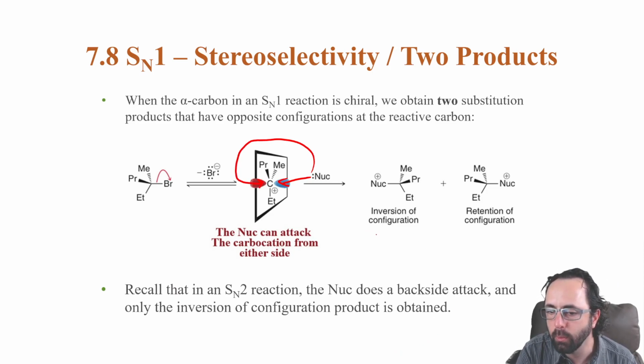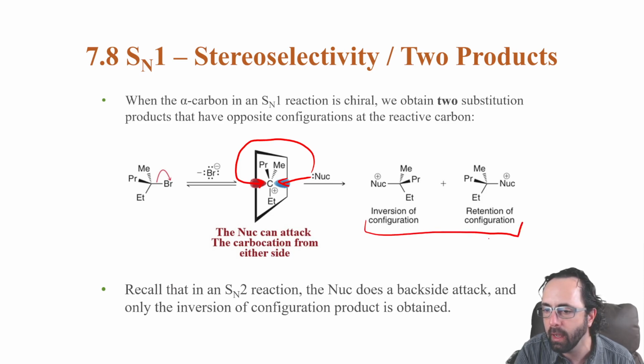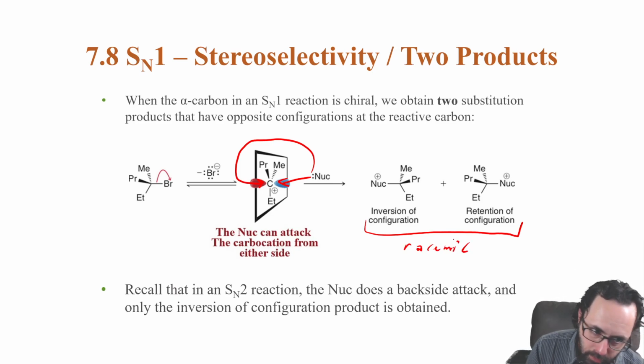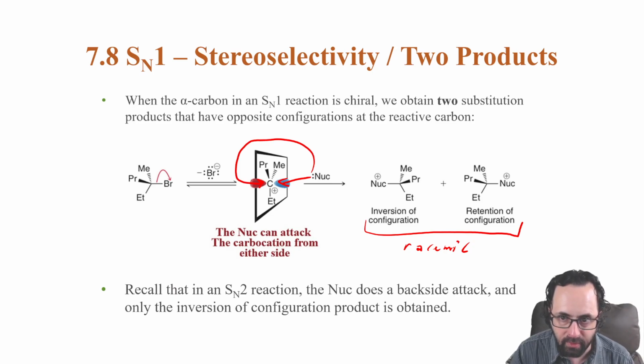And so when we get the products for an SN1 reaction, we're going to get a so-called racemic mixture, which means an even mixture of both stereoisomers, which is different from the SN2.